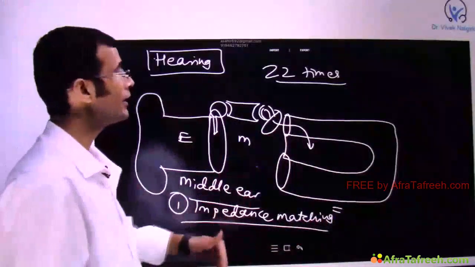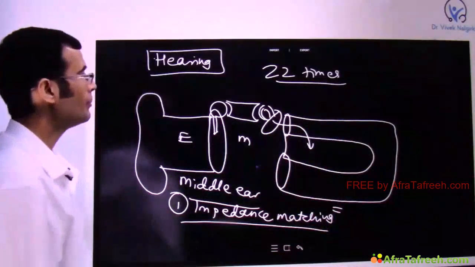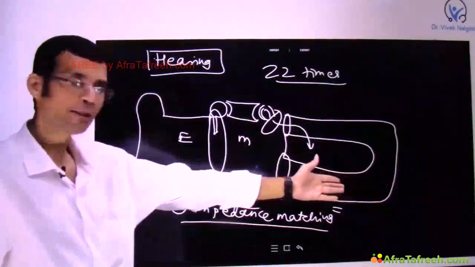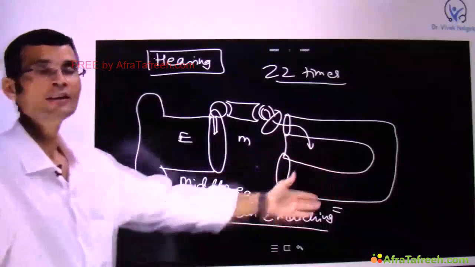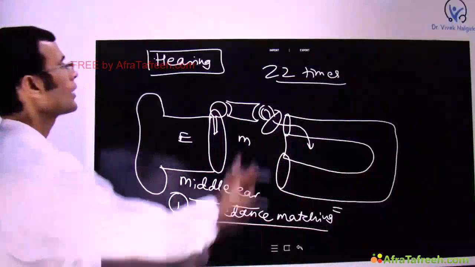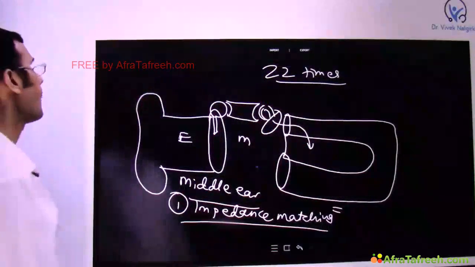That's called impedance matching. And why is it needed? Because there are fluids in the cochlea. Sound will have to move through the fluids in the cochlea. So greater pressure will have to be generated if it has to pass through the fluids. How is this 22 times greater force generated?